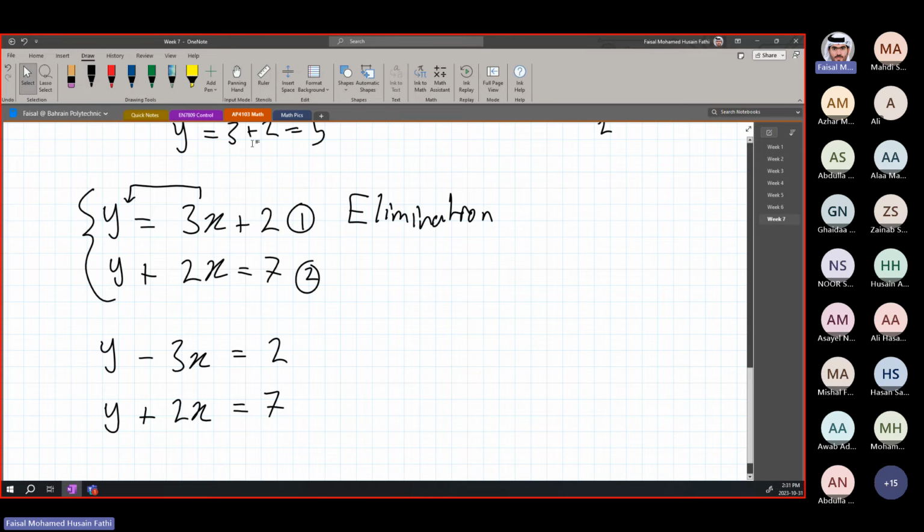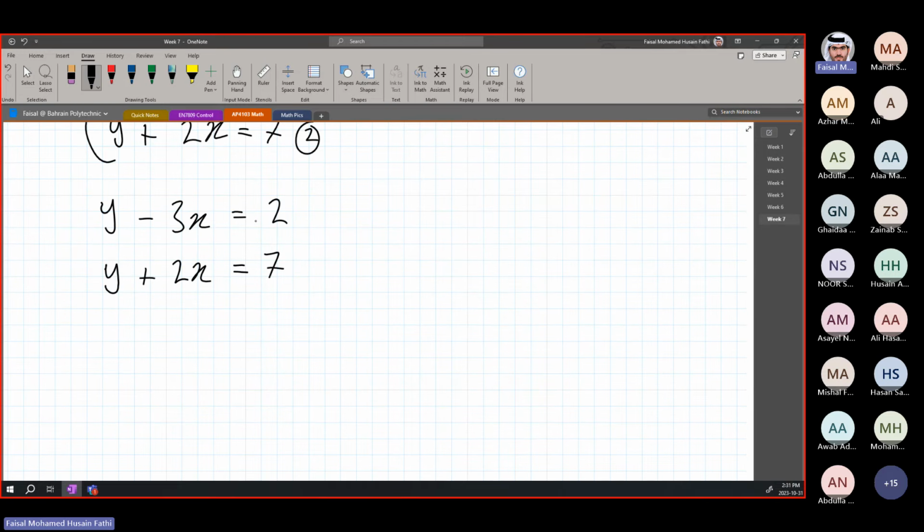If you remember, the idea of elimination is we need to cancel or eliminate one of these variables. In this case, it's easier to eliminate y because it doesn't have any coefficient next to it like 3 or any numbers. But to do that, if you remember from the previous session, the signs have to be opposite of each other. So right now this is plus and this is plus.